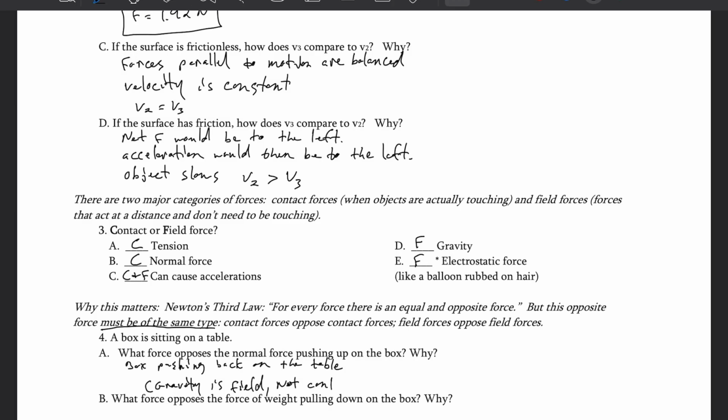For B, what force opposes the force of weight pulling down on the box? The weight pulling down on the box is the earth pulling down on the box. So the reaction, the force pair, is the box pulls up on the earth.